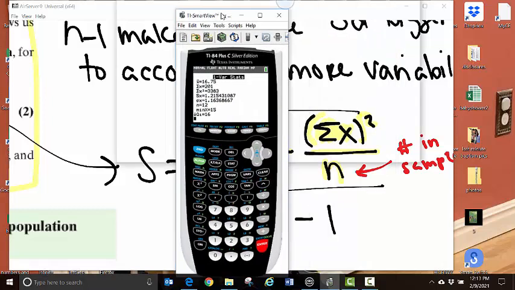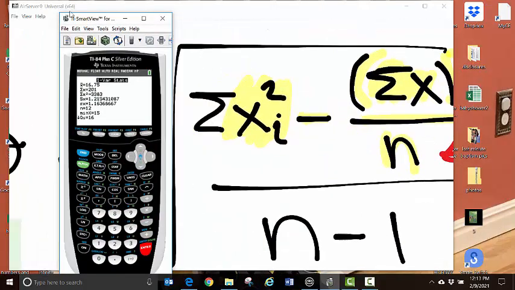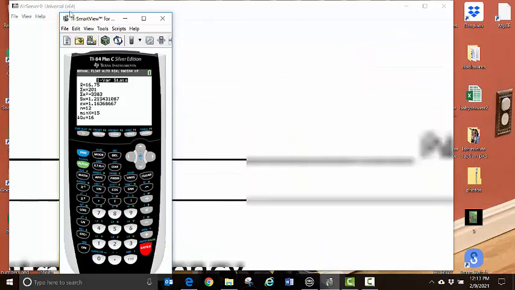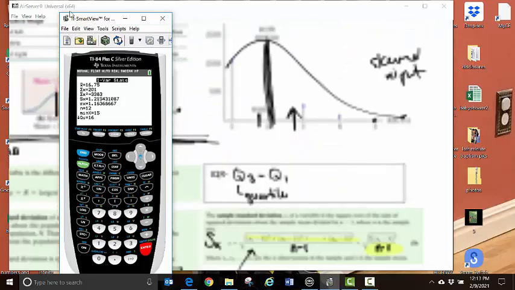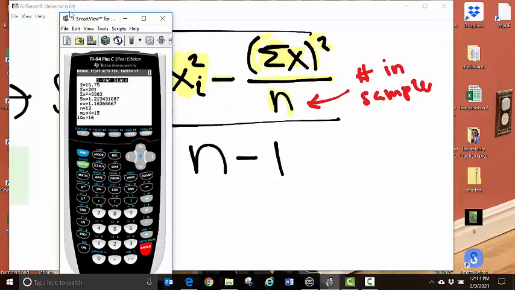So if I was using this formula for this data, 3,383 would be this value. This value would be 201. This value would be 12. And then this would be 12 minus 1 or 11. And I would just type it right into my calculator. It just claims that if you use this formula, you could also get the standard deviation.